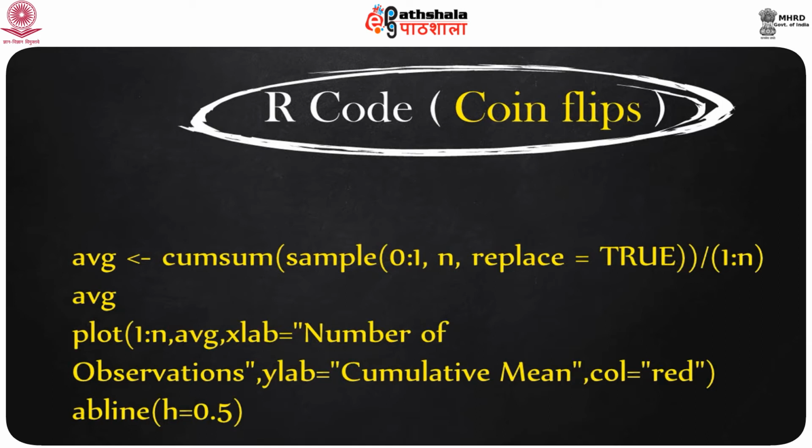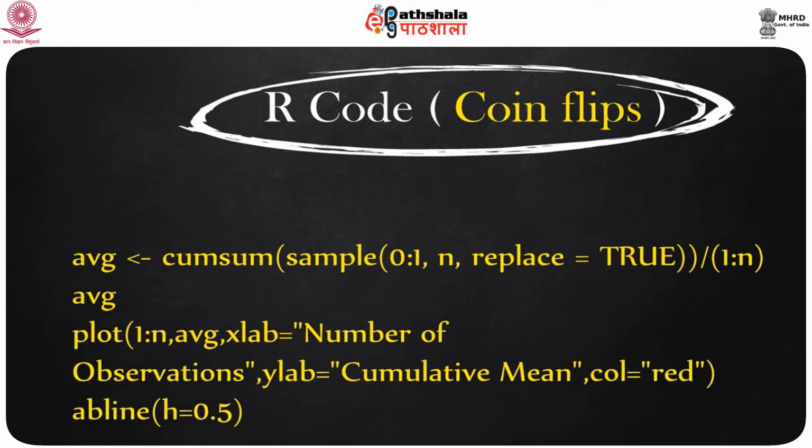So, the head is denoted by 0 and tail is 1, and replace equals TRUE implies we are executing with-replacement sampling, which is the case of coin tossing as well. We will discuss the sample function more explicitly later.